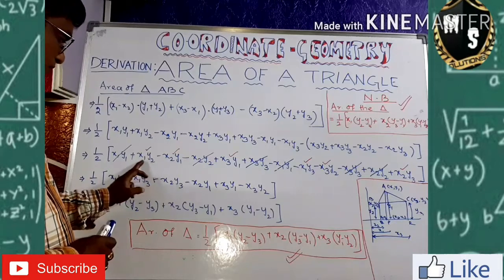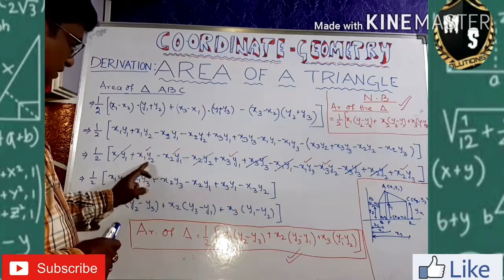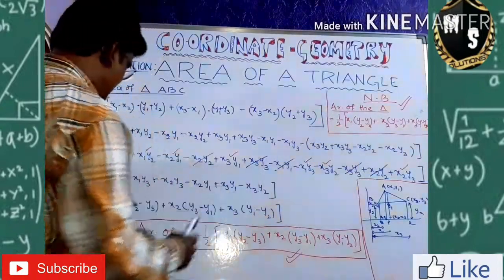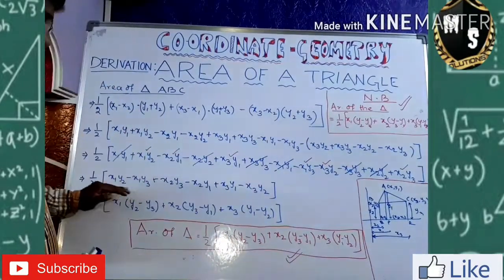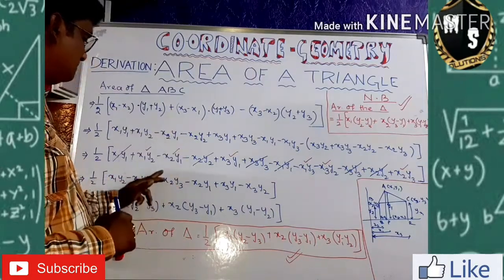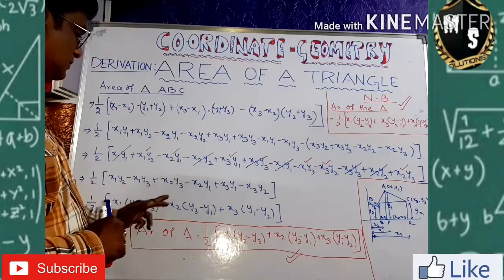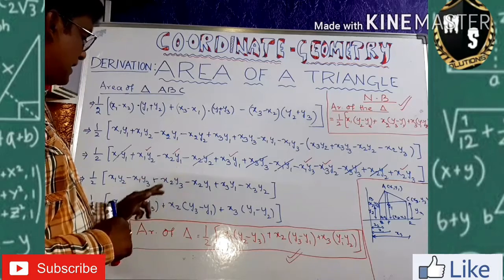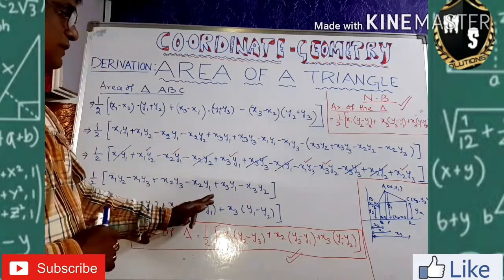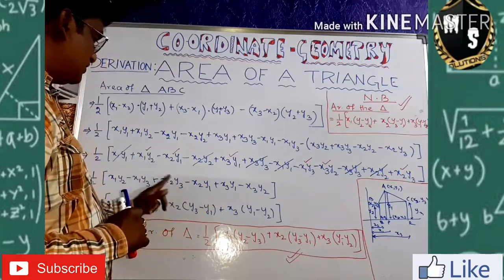These two you have to write side by side. Then see what is happening. That is 21, so 21 is there. Another one is 23. So 23 is brought near to 21. You understood? x2 y3.